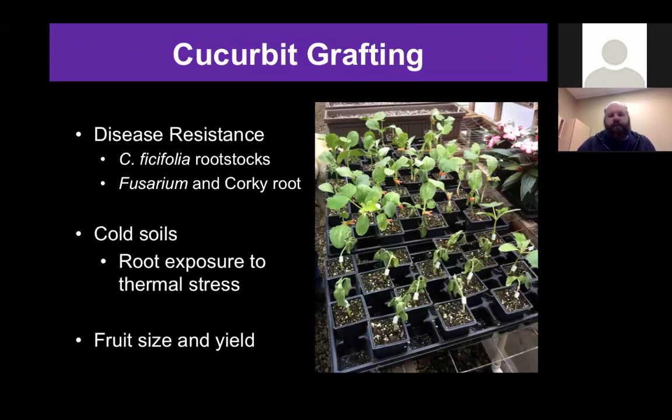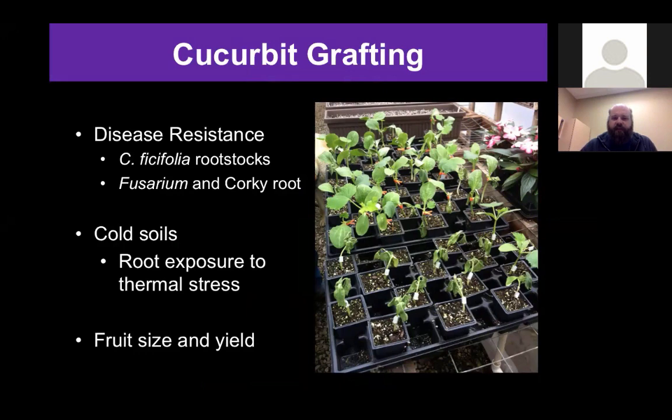The other thing that we won't talk about in any great detail today, but just wanted to let you know what was going on, there's also a lot of interest in the US and a lot of use of grafted cucurbits. So these would be cucumbers, watermelons, cantaloupes, but especially watermelon and cucumber. And they're doing this a lot in the Mediterranean region to deal with salinity in soils.